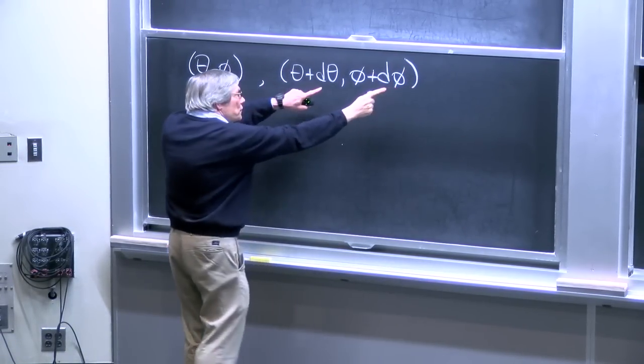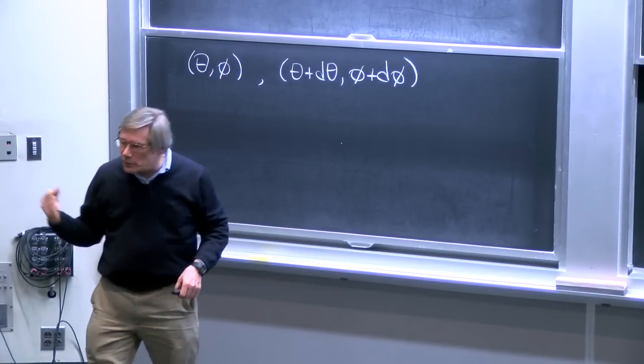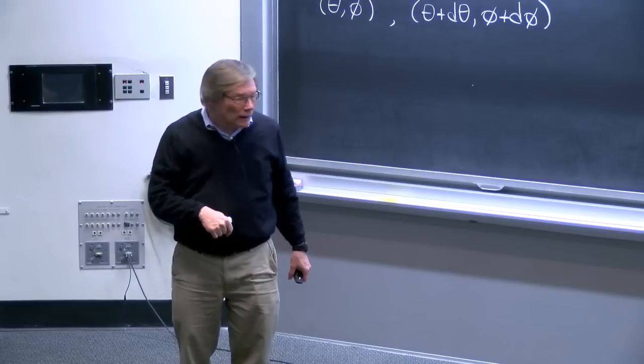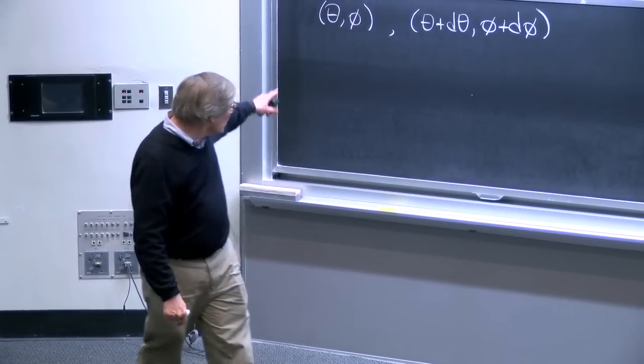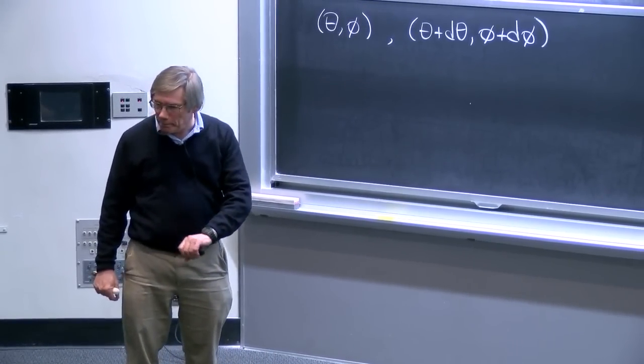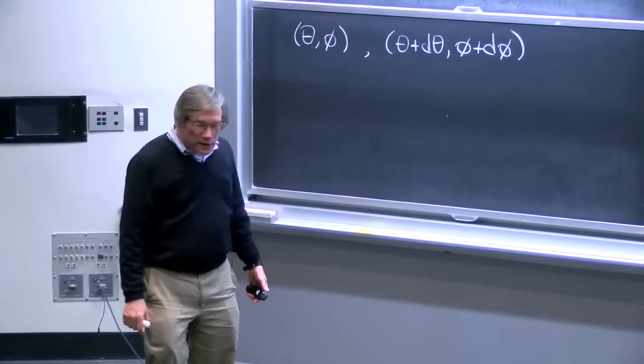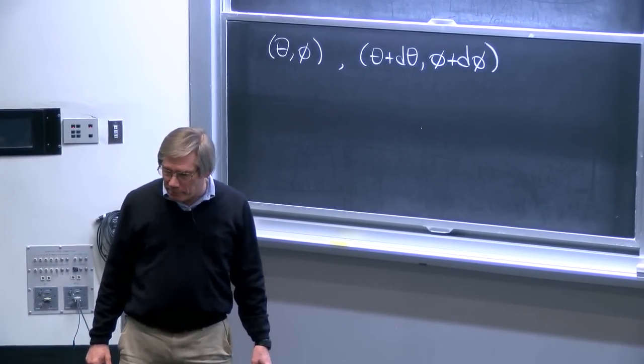So the coordinate changes are just d theta and d phi. What we want to know is how much distance is undergone by moving from the first point to the second point. And the easiest way to see it is to make the changes one at a time.